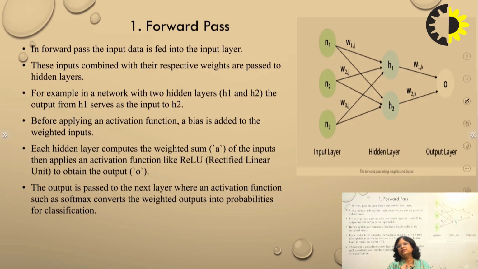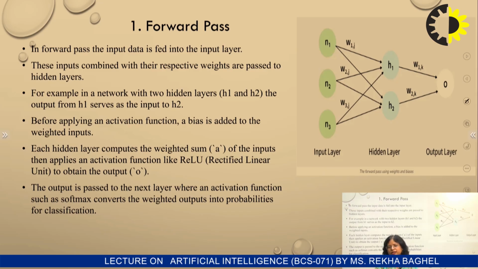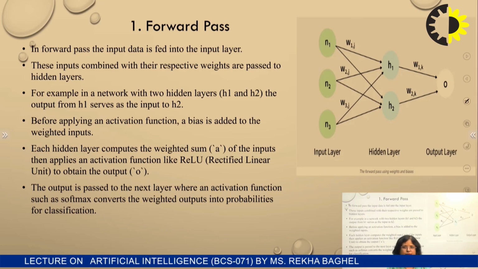If we assign less weight, it indicates that the particular input is less important for the classification model. When these inputs combined with their respective weights are passed to the hidden layers, we pass the output of the input layer to the hidden layer.